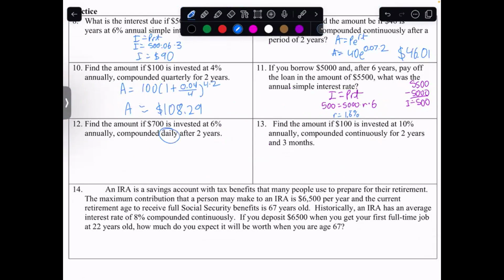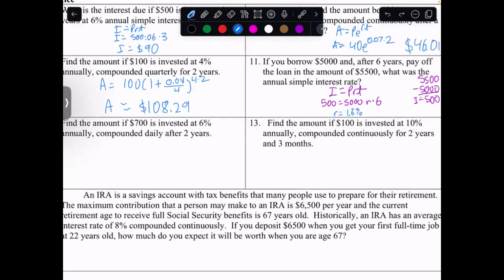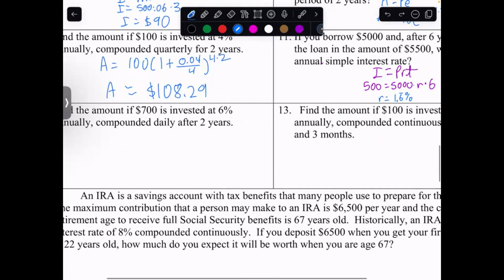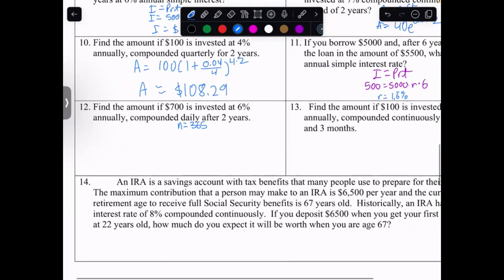Compounded daily. Daily, we use 365 as our number of days. After 2 years. So this is where we use the 1 plus r over n formula.